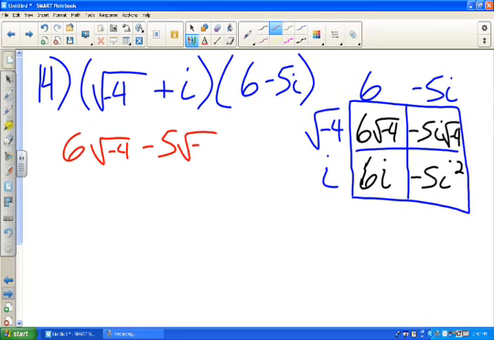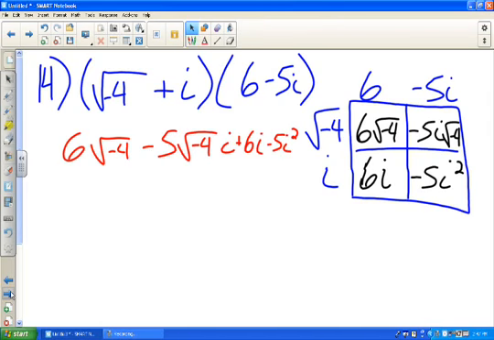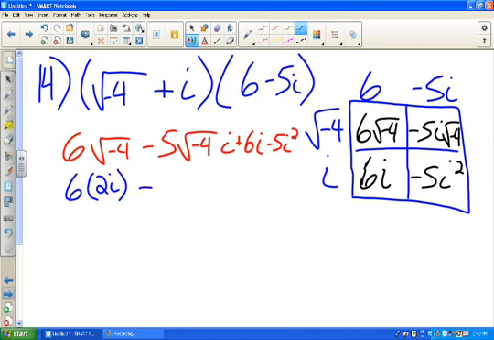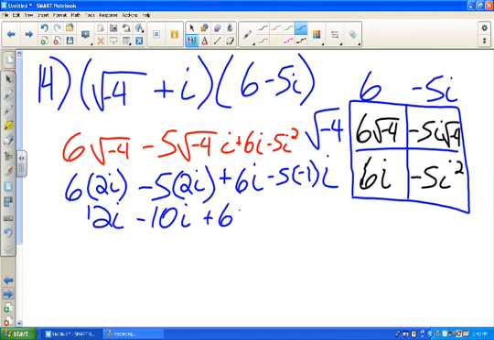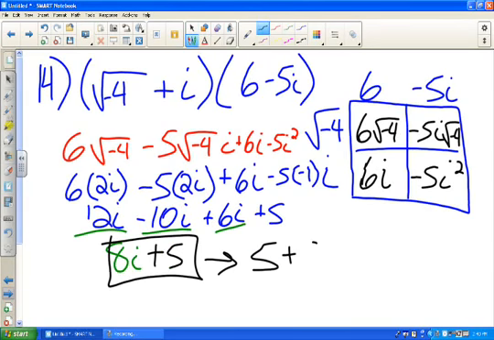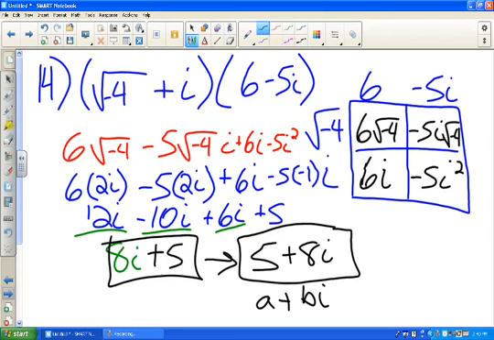So right now we have 6 root -4 minus 5 root -4i plus 6i minus 5i squared. Remembering our values for i and i squared and the negative root of -1, if we simplify, we end up with 5 plus 8i. Remember, we always want to put that real component first and the imaginary component last. But the overall combination of the two is the imaginary number.